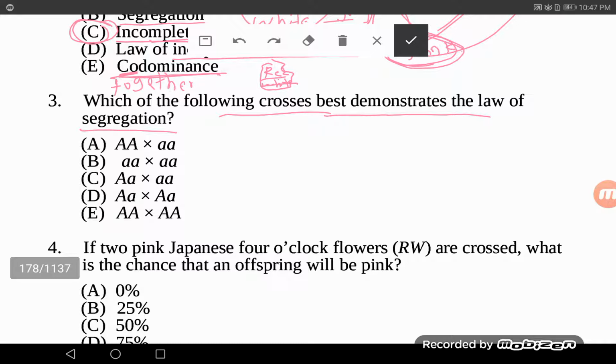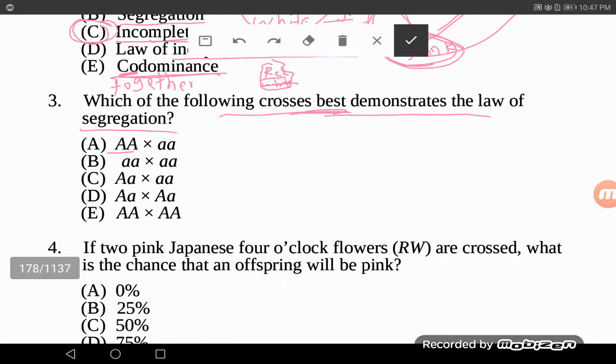We know that the law of segregation, one of Mendel's laws, says the alleles separate during meiosis, or during gamete formation. In another way, during the formation of sperm and egg.